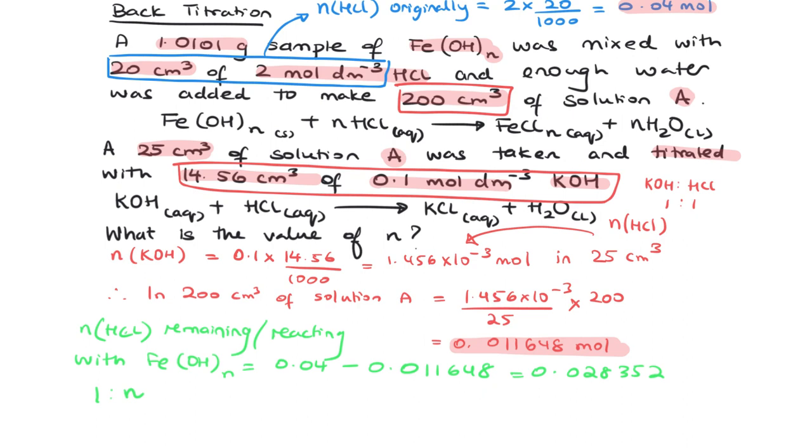That means the number of moles of Fe(OH)n is going to be 0.028352 over n. Remember we can use the proportion method for this. Now that we have the number of moles, I know it's in terms of n, but we can still work with it.